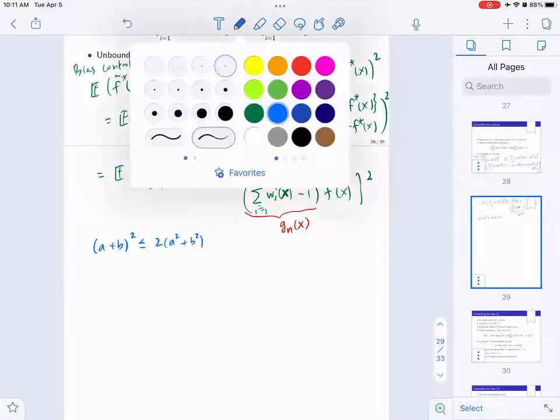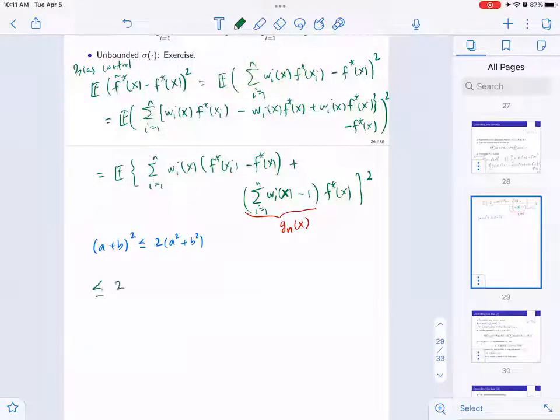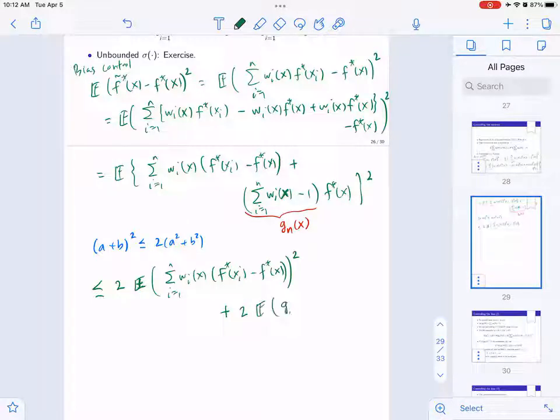So this thing is going to be lower bounded by twice the expectation of the first term squared, W_i(x) (f*(x_i) minus f*(x)) squared, plus twice the expectation of G_n(x) f*(x) squared. Okay, you have two terms. That's some progress.